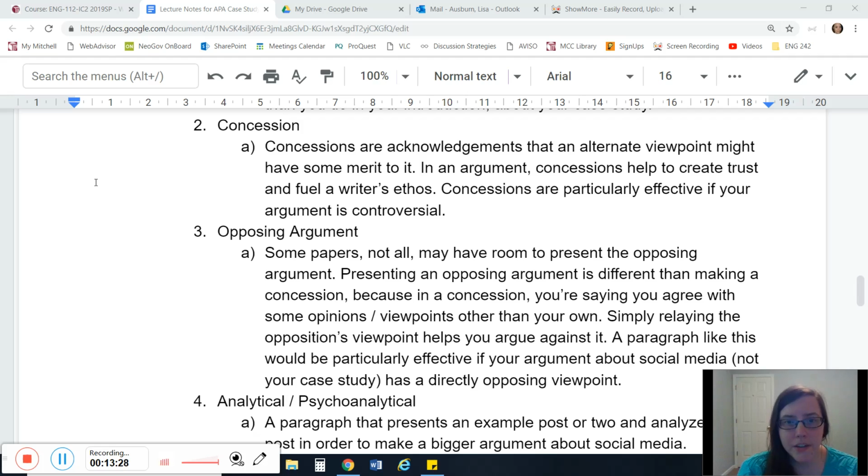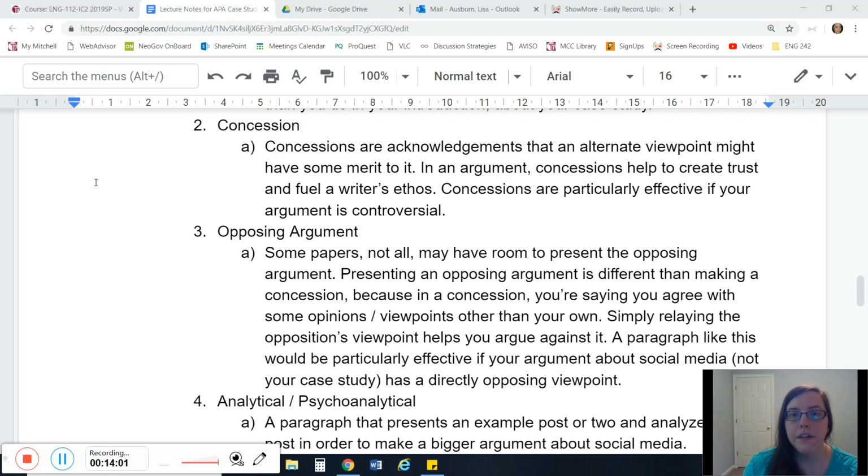A concession paragraph is like acknowledging that there are alternate viewpoints or facets of your opponent's viewpoint that actually do have some merit. It's like saying, okay, you're right about this and this. I'll give you that. I'll concede to that. Here's my concession. Yes, you're right that social media is this and this. However, when we particularly look at this one case study, we also see that social media is, and then you can go on in further paragraphs to make your argument.